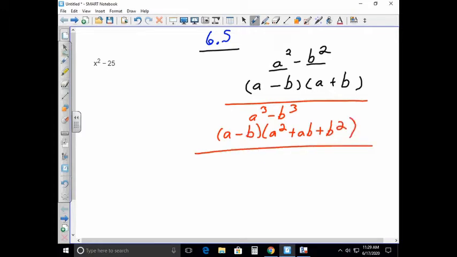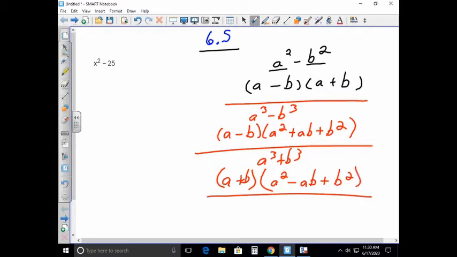If we have a sum of cubes, then our formula is a plus b, so whatever is being cubed plus whatever is being cubed, and then the first one there squared minus the first one times the second one plus the second one squared. And as we work several examples out, we'll see in more detail how those formulas work.